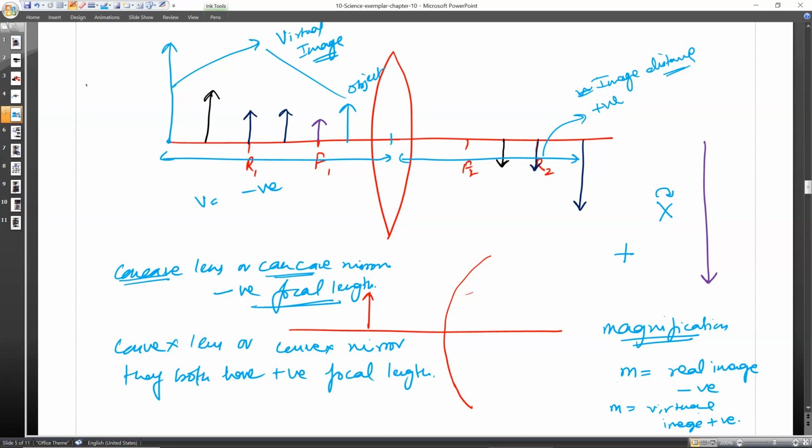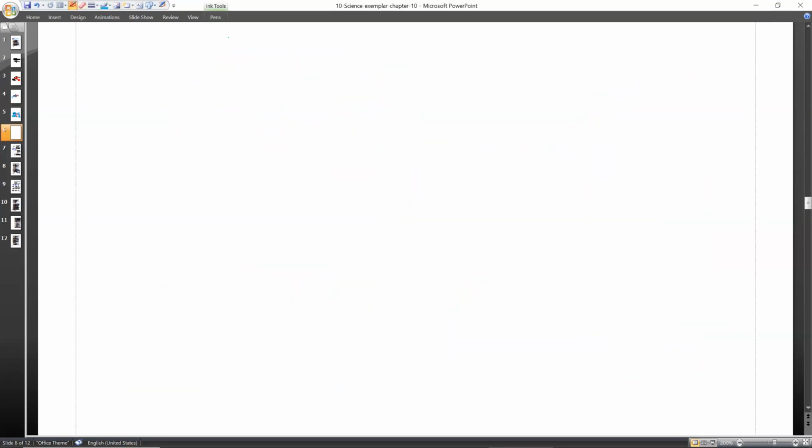One more thing you need to understand here: if the magnification is exactly equal to 1, it means the image is the same size as the object.